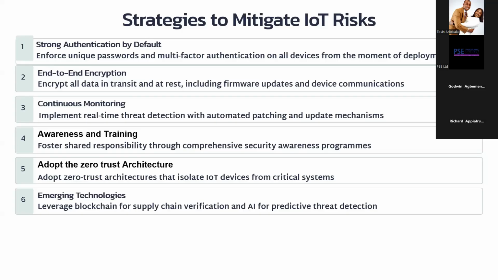There should be also continuous monitoring. So we need to implement real-time threat detection with automated patching and update mechanisms. So this is where we have our SIEM over there, which is our security information and event management. This gives us an in-depth overview of real-time threats that could possibly affect our systems.